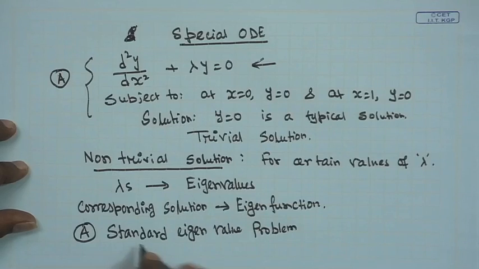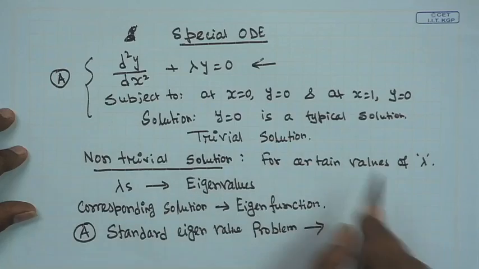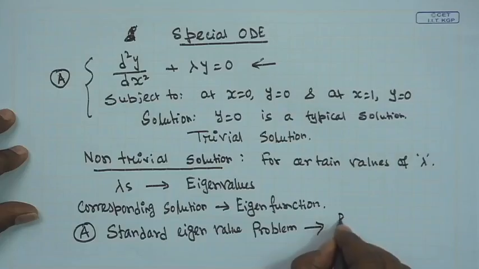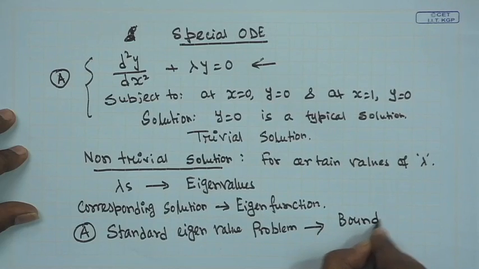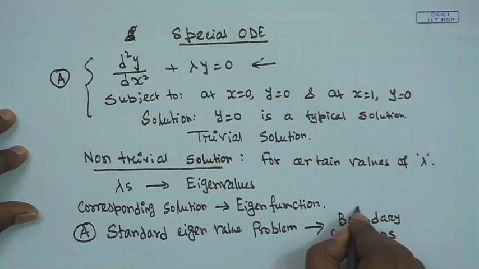So, in a standard eigenvalue problem, the necessity is that the form of the equation will be like this and the boundary conditions have to be homogeneous.